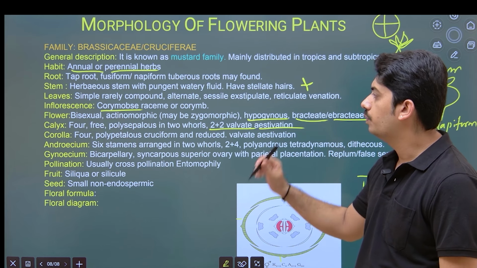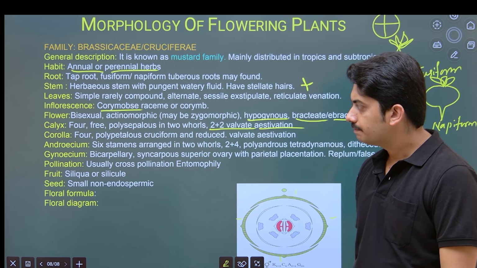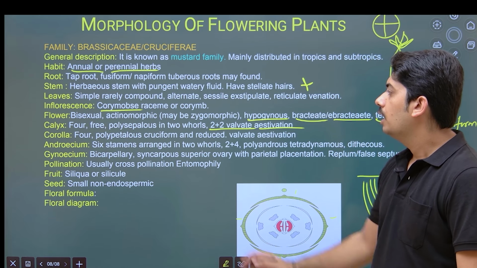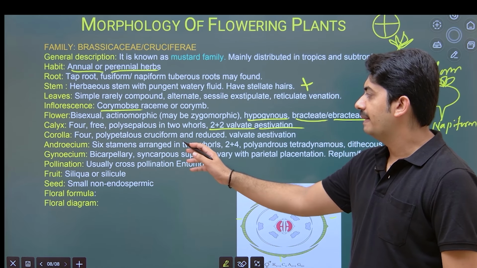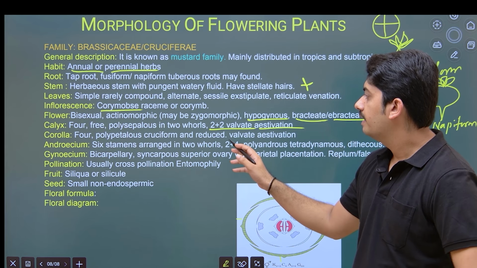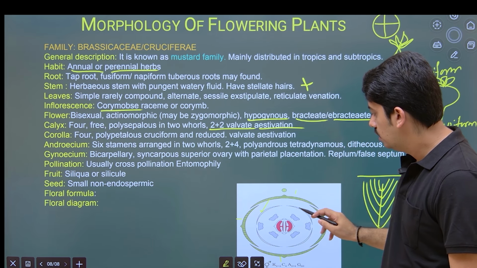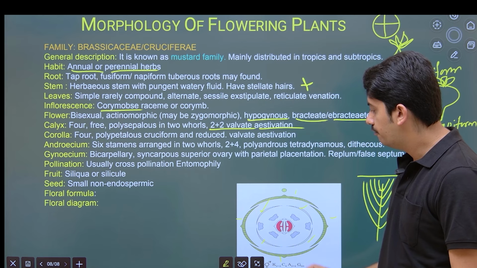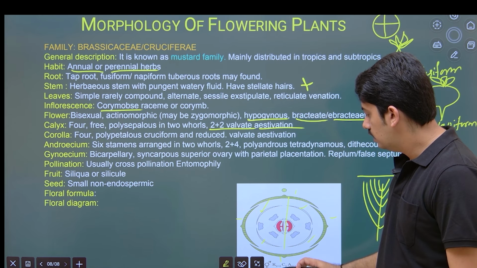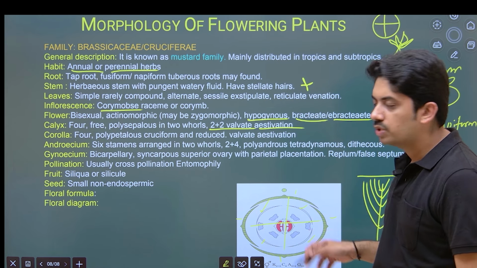They are in 2 whorls. Corolla, nothing but the petals, 4, polypetalous, cruciform and reduced, valvate aestivation. Here you can see 1, 2, 3 and 4. So like this, cruciform.